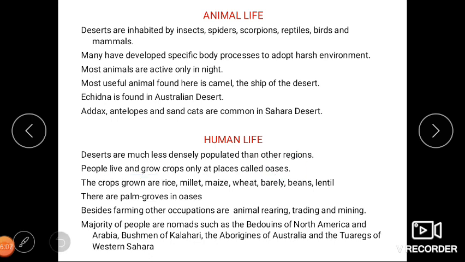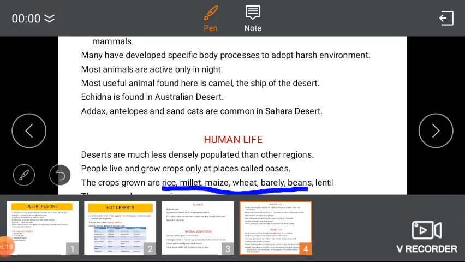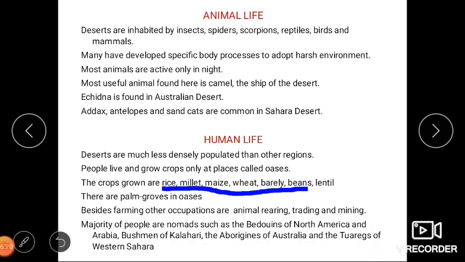The crops grown are mainly rice, millet, maize, barley, beans, and lentil. There are palm groves in oases also, and besides farming, other occupations are animal rearing, trading, and mining.